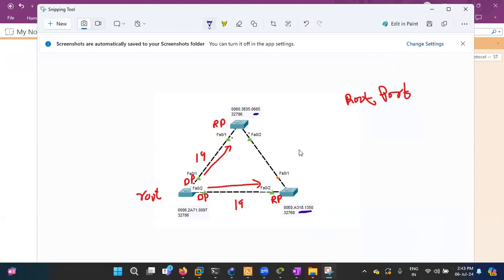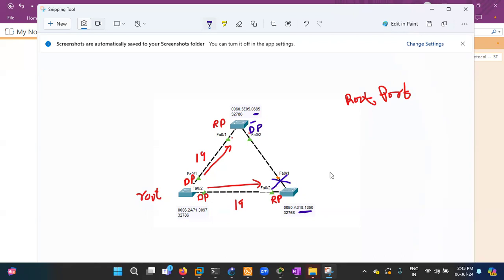So which is having the lower one, 00E0 or 0060, which is lower? This one is lower, right? Then this port will become a DP port. And this one will be blocking.